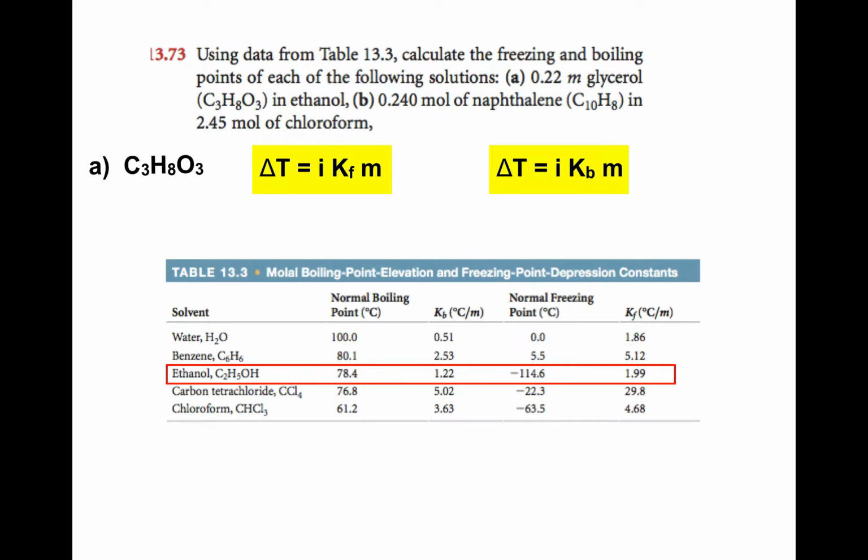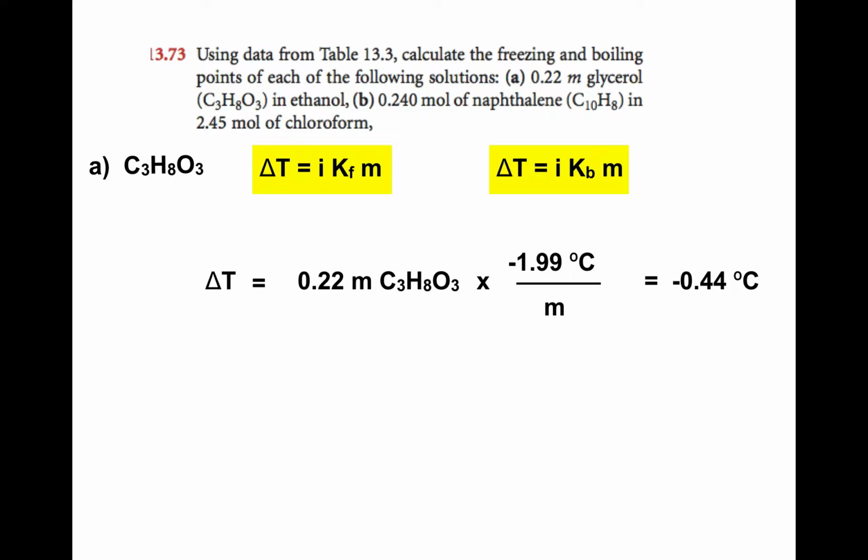What I need to know is what the Kb value is for ethanol and what the Kf value is for ethanol, what its normal freezing point is, and what its normal boiling point is. So you get this from table 13.3. With this information, you plug in the Kf value for ethanol, multiply it by the molality of the solution.